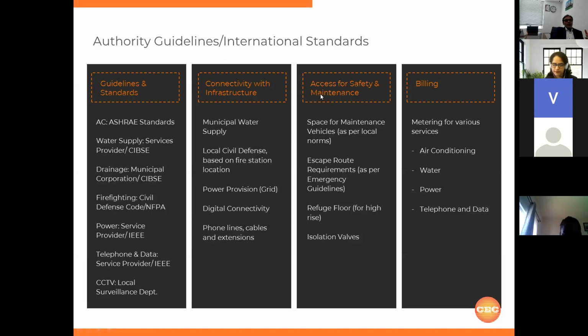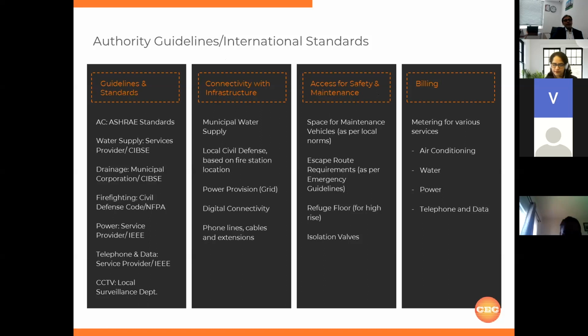At times when we talk about civil defense, they come and inspect quite regularly for the safety standards. So how they will access is a scenario. If you talk about the power distributor, they have to maintain their transformers and cables and they do regular inspections. So how can they access the areas? And the last aspect is billing. The occupants will have two sorts of billing.